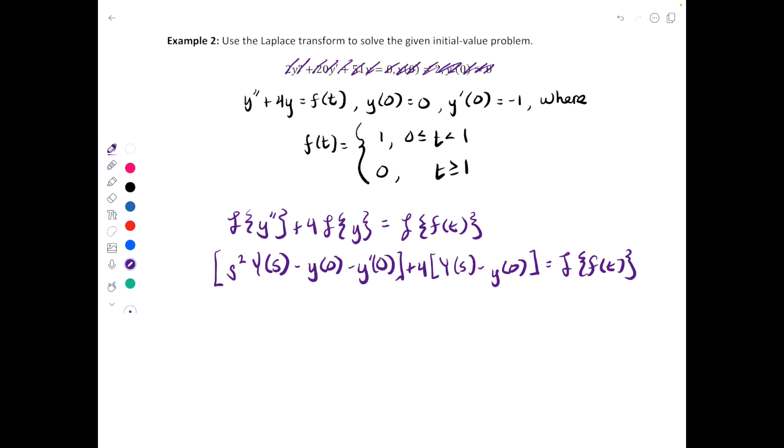So then we will have s squared plus 4 times Y of s, and then we have this extra minus a negative 1 from minus y prime of 0. The y of 0 is 0 from our initial values. And then that's equal to the Laplace transform of f of t.